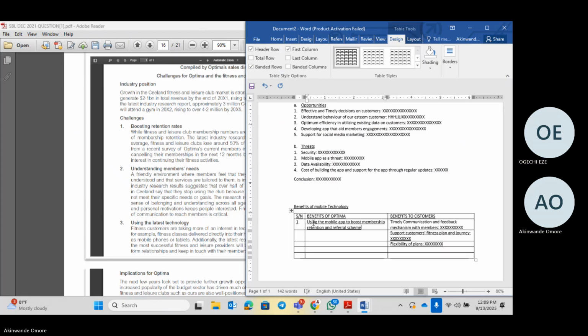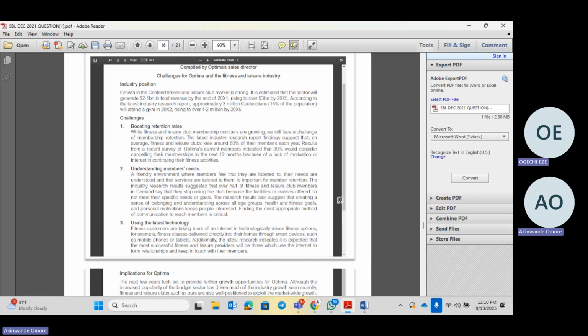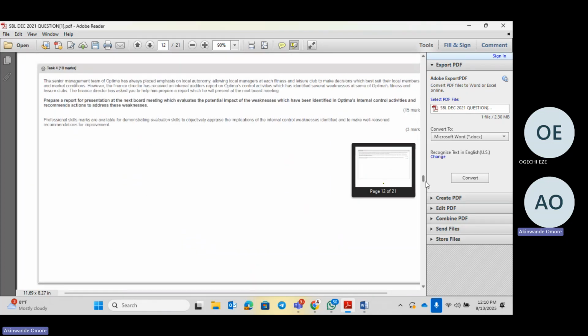That's where I'm drawing the answer. When you read, you will see some other points, benefits for the mobile app. And with that, you get your full mark, because we have this skepticism.